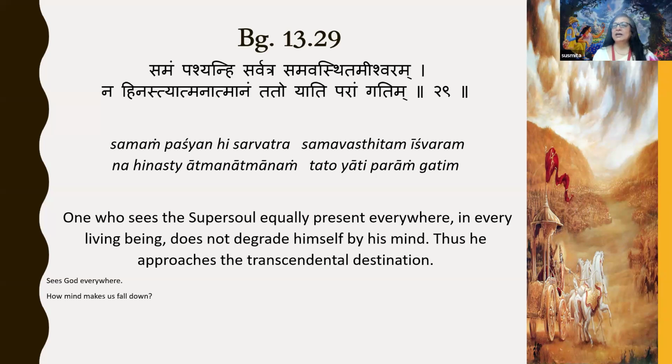Samavasthitam Ishwaram: that Ishwar is present in every living being, irrespective of moving, non-moving, irrespective of your form, whether you are a human being, a dog, an elephant, or a small living creature. In everything, the soul is there.